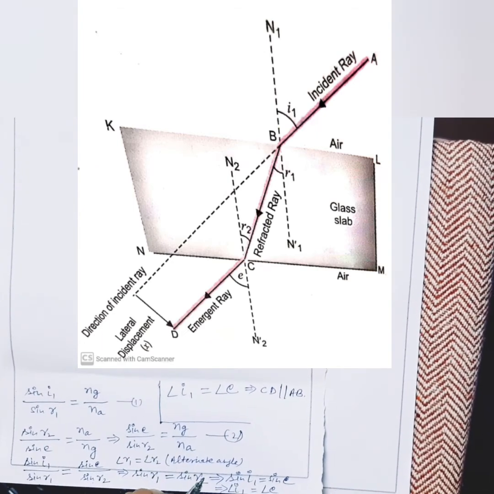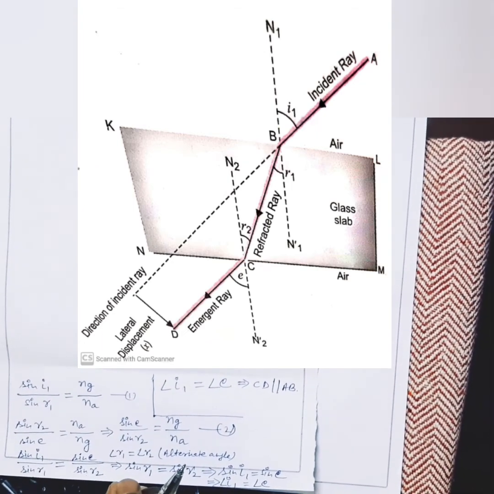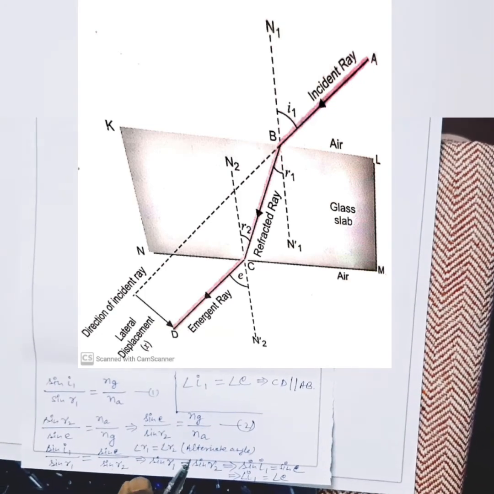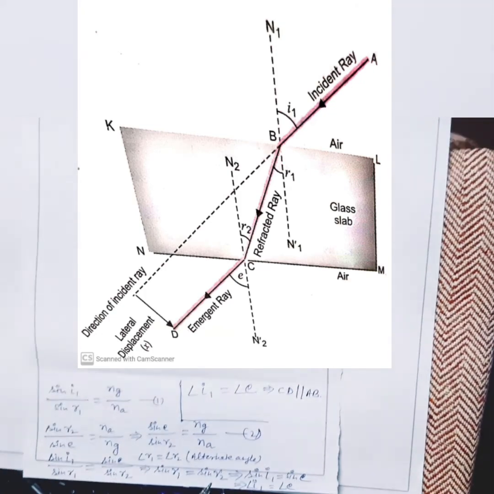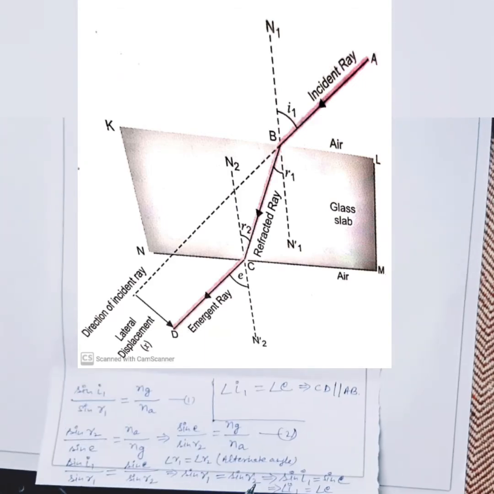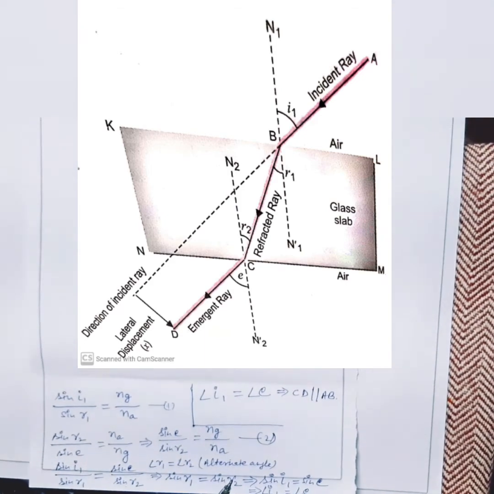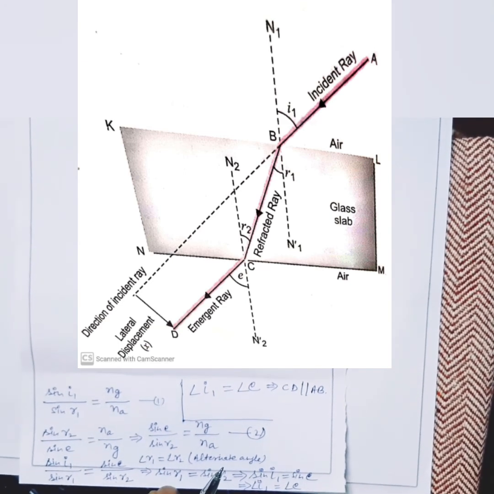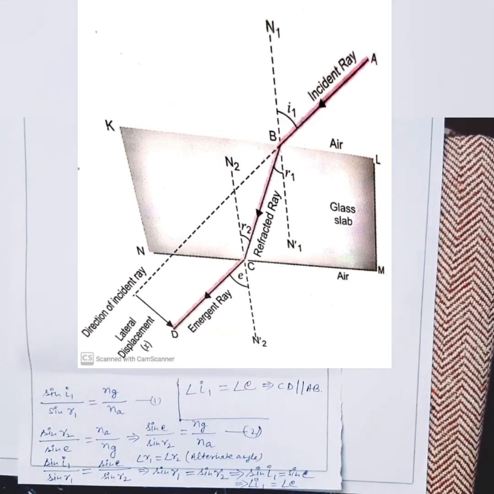By pausing the video, you should note down this conclusion in your notebook: light emerges from a rectangular glass slab in a direction parallel to that in which it entered the glass slab.